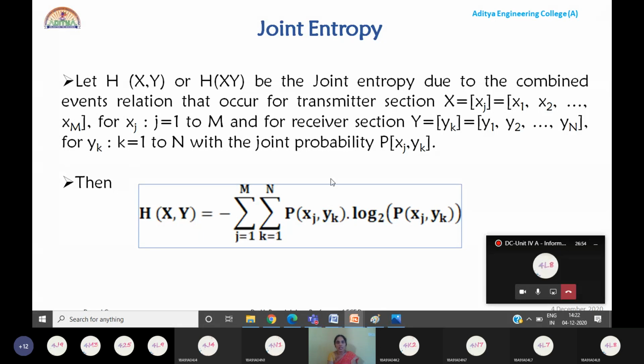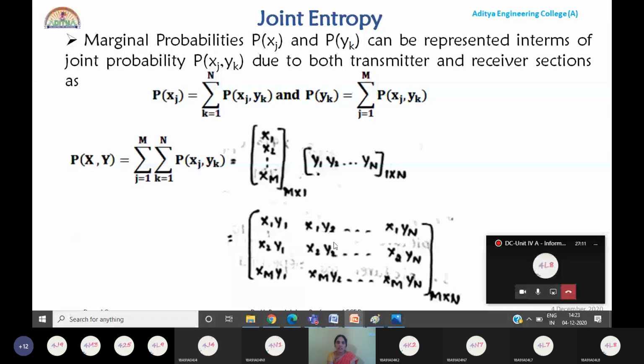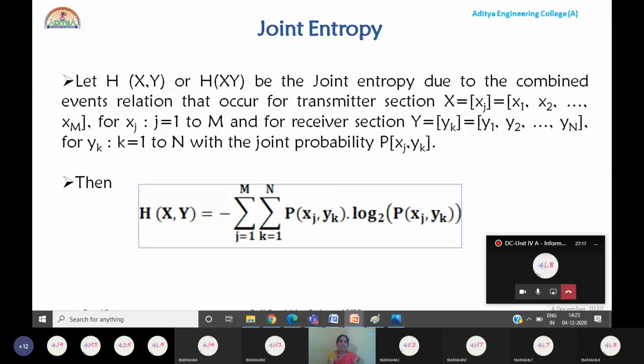So once you know the joint probability matrix shown in the last slide, automatically you can calculate H of XY, that is the joint entropy. Let us move to the next slide.